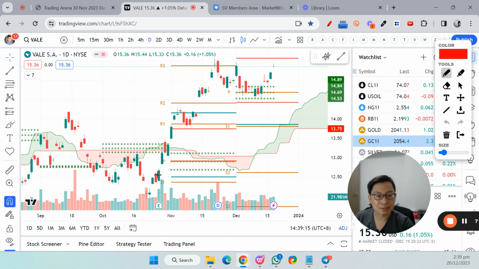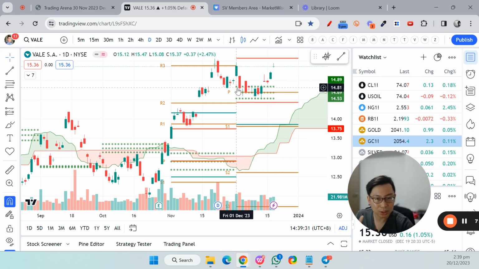Price has a run up, and then there's a pullback. This is what I want to see, a pullback, and I want to see price fall somewhere near the support area, which is the central pivot range, and then price goes back higher again. So this is the setup near the support level.